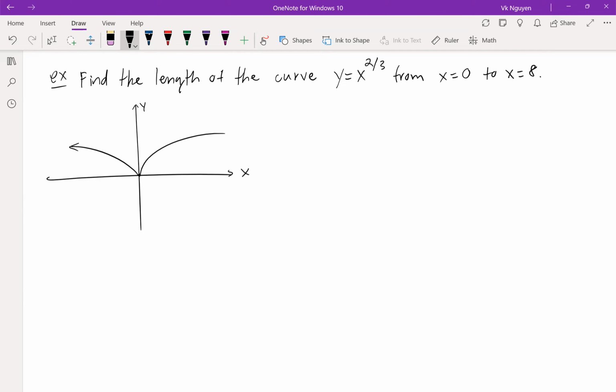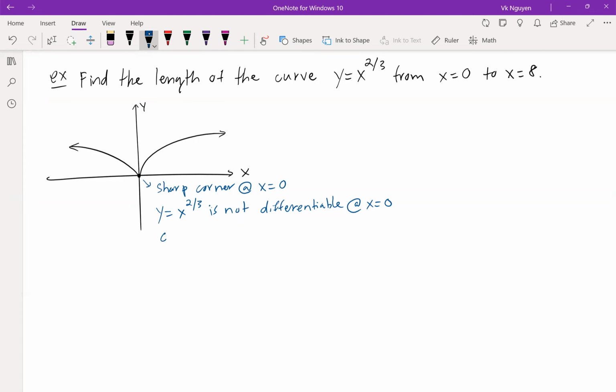And as you can see, we have a sharp point here, meaning that the function y equal to x to the 2/3 is not differentiable at x equal to 0, meaning that we have to look at it from a different lens.